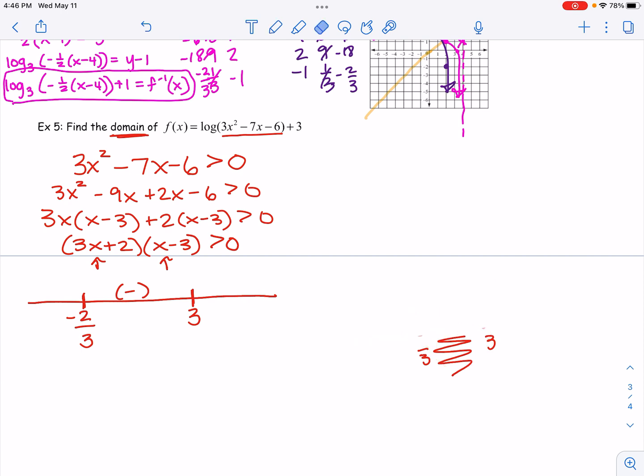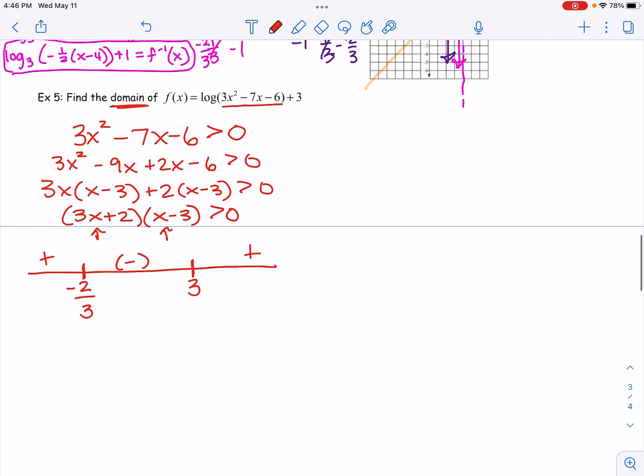But if you don't remember that, you could pick a point over here, pick a point over here, plug it in, you're going to get positive values. So positive times a positive is a positive, or maybe you get a negative times a negative, which is still a positive. So that means my domain for this is going to be, I want the numbers from -infinity to -2/3 and from 3 to infinity.